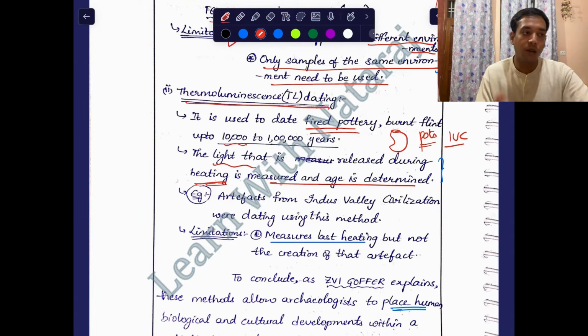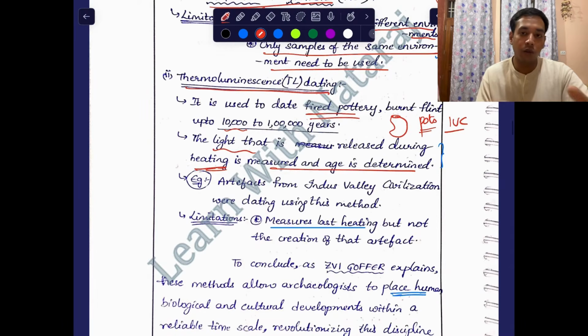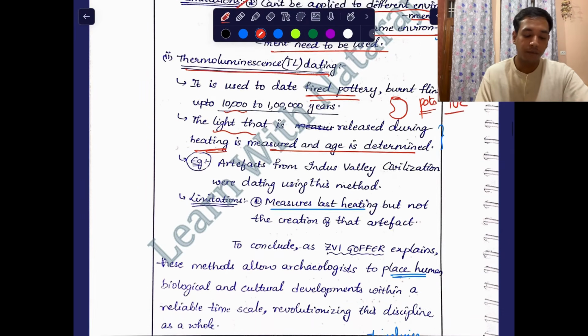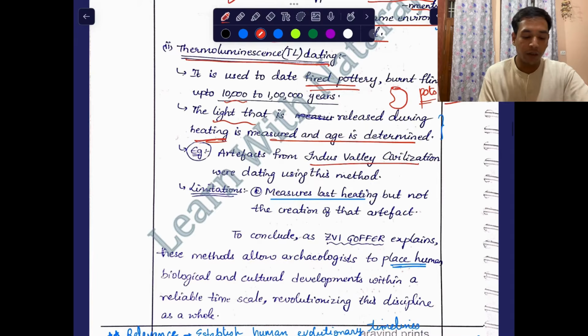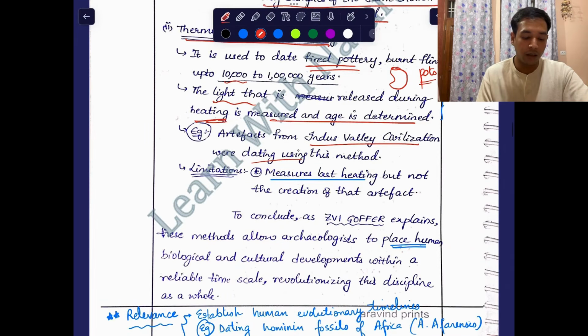It's an interesting one: when we heat a pot, for example, it gives some emissions, and we read those emissions using some techniques, and that's how we know the exact date of that pottery. So artifacts of the IVC can be dated using this method.